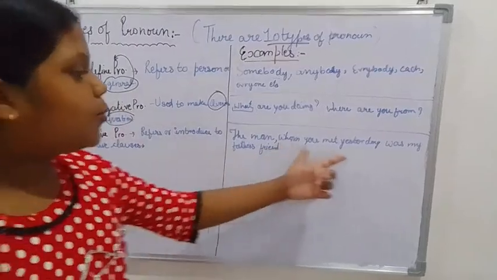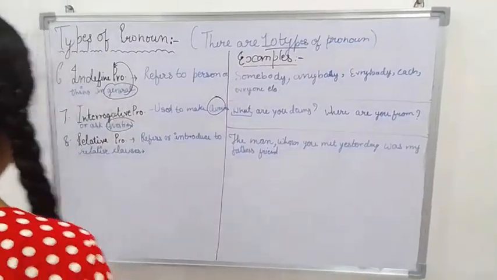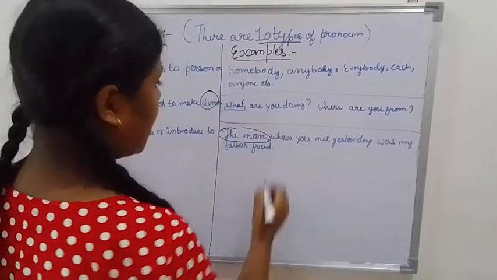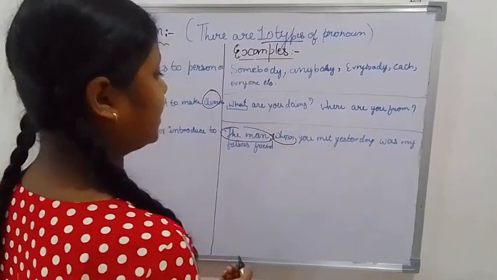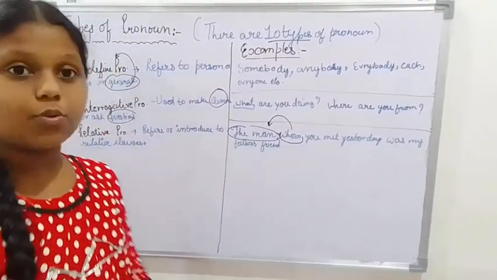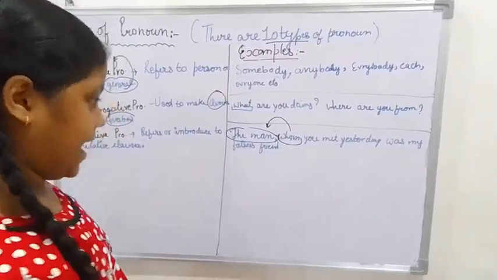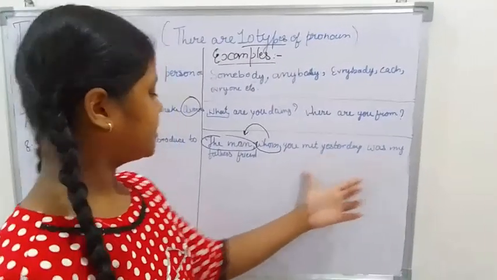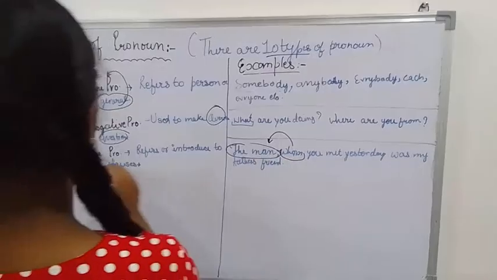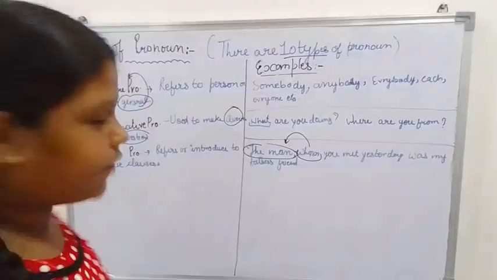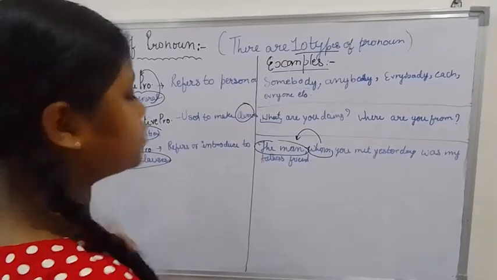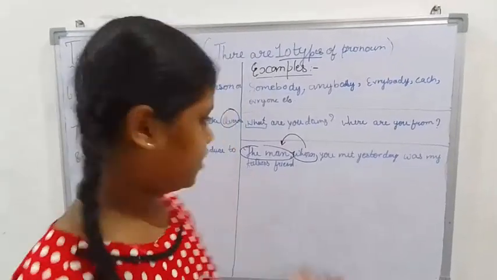The man whom you met yesterday was my father's friend. In this, the man you can take as a clause. And whom you met yesterday is relating or introducing us to a clause, which is the man. So the whom in this is a relative pronoun. How can you learn relative pronoun? Relative clauses. You can learn just this: it refers or introduces to a relative clause.